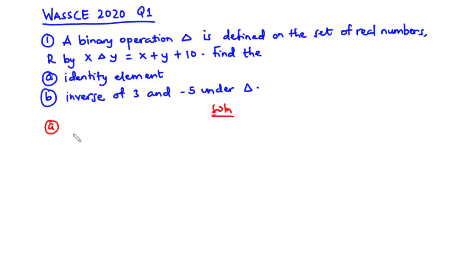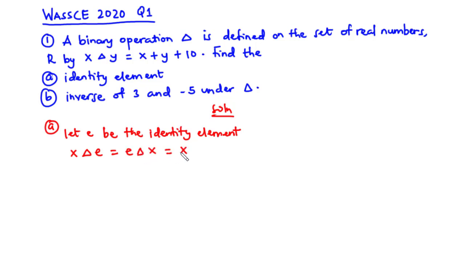Starting from A, we are going to find the identity element. Since we don't know the identity element, let e be the identity element. From the identity element, we know that x operation e is equal to e operation x, and that should give us x.